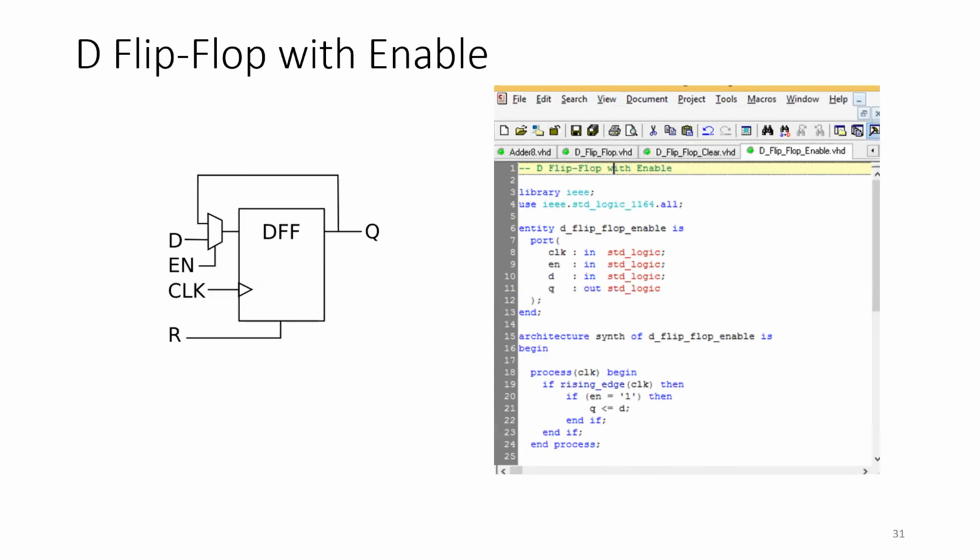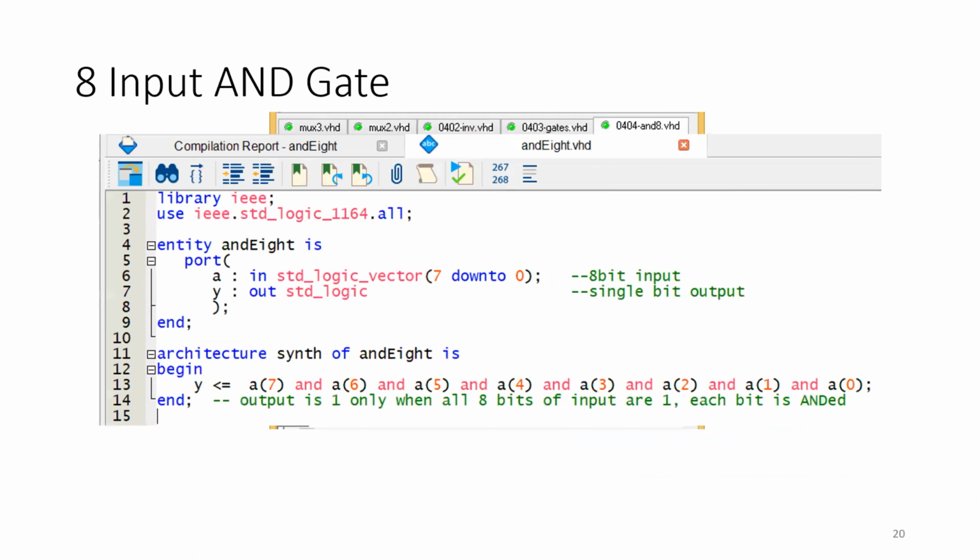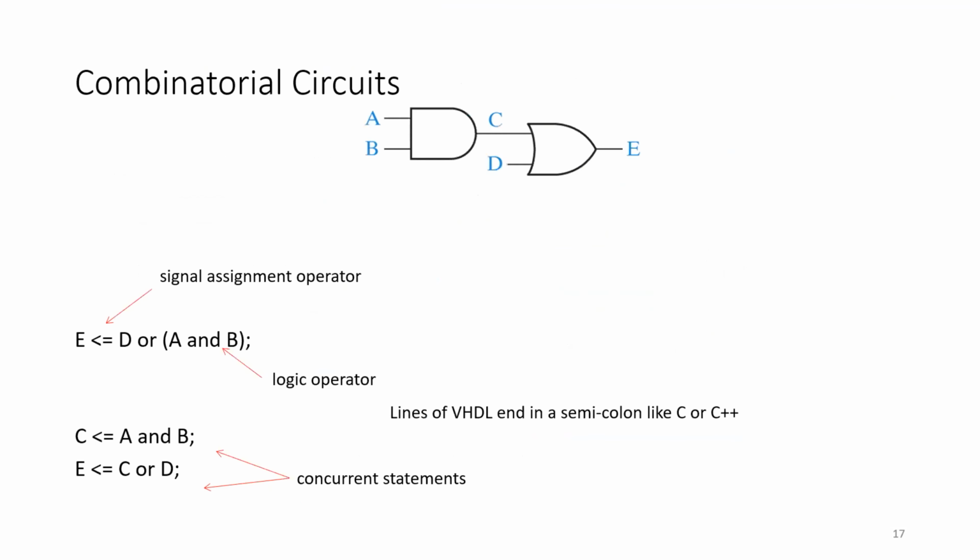This is very similar to a simple circuit we had a long time ago. If you look at this circuit, can you see C? Is C input or output? It is output of the AND, but input to the OR.